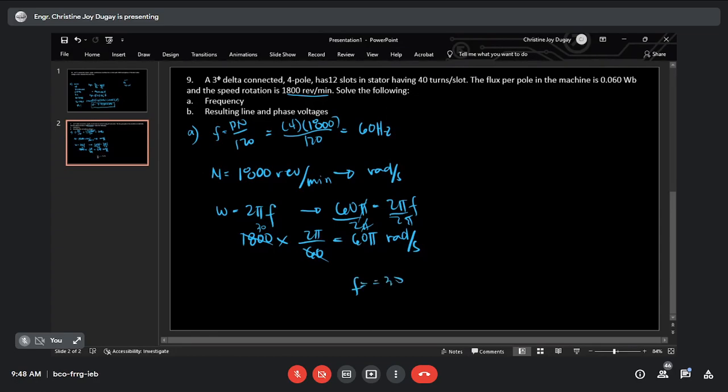Bakit hindi sila equal? Saglit lang ha. Sa 1,800 natin, 1 over 30, 60 pa rin.